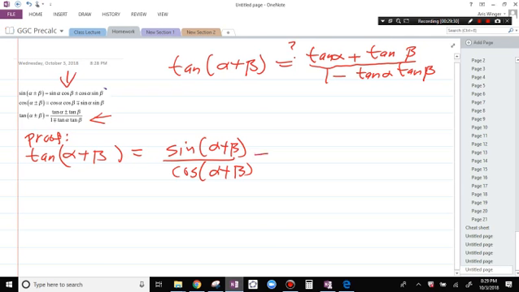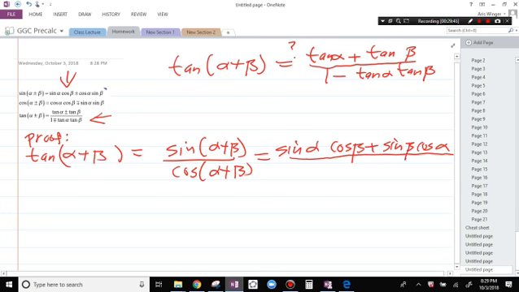So that's equal to sine alpha cosine beta plus sine beta cosine alpha, all over cosine of alpha plus beta, which is cosine alpha cosine beta minus sine alpha sine beta.